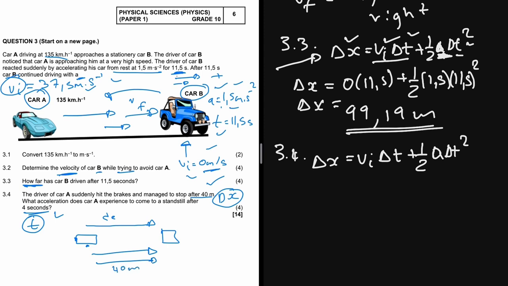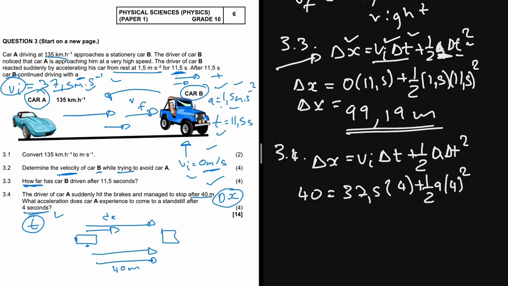So you're just going to substitute the displacement as 40, and then the initial velocity was how much? The initial velocity was 37.5, and it was moving to the right, so it's going to be 37.5, and the time is 4 seconds, and then we have 1 over 2. We are looking for acceleration. The time is 4 seconds all squared.